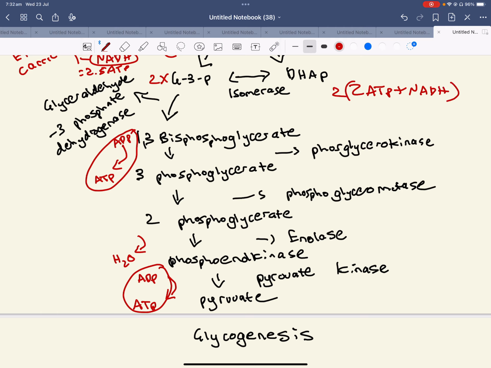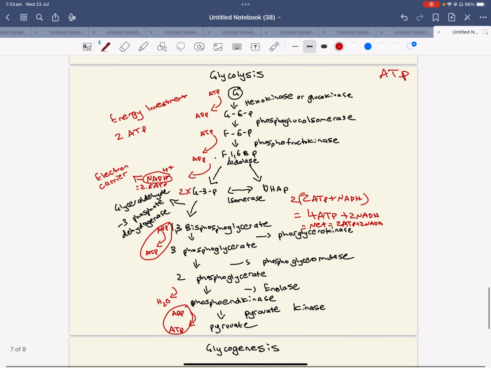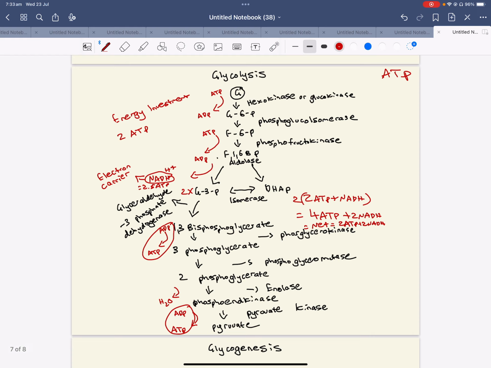And it's 2 reactions. So we have 4 ATP in total at the end of the reaction. However, we used 2 ATP to start with. So the net equals 2 ATP plus 2 NADH. So this is glycolysis, the breakdown of glucose. Okay? Good.